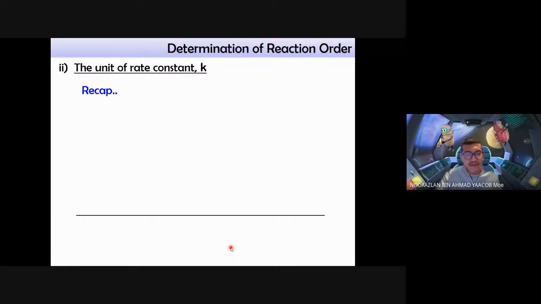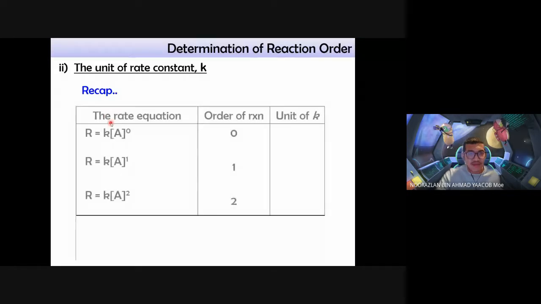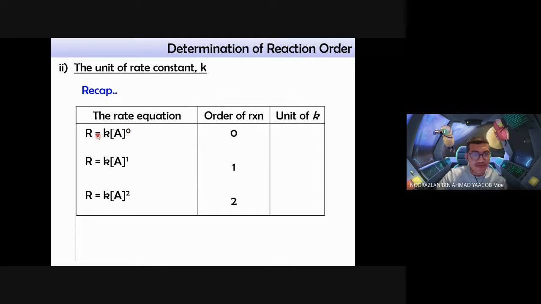Okay, so let's recap what we have covered so far. Kalau dia punya rate equation K to A to the power of 0, zero order, overall order dia adalah 0, order of reaction dia 0, unit of K dia adalah molar per second. Okay, ada jarak tau, dekat sini saya lupa nak edit tadi. And then kalau dia punya order of reaction dia adalah first order, then it is per second unit dia.